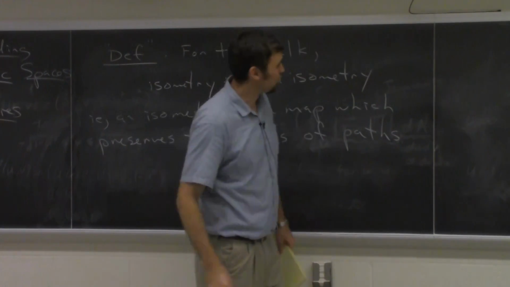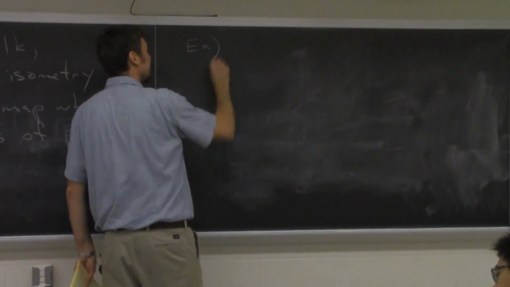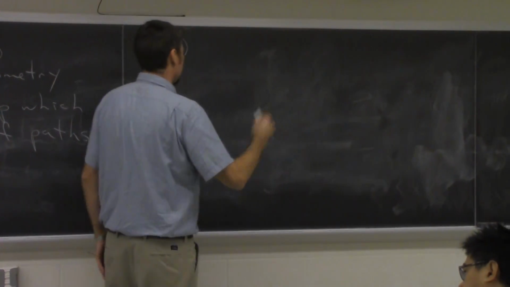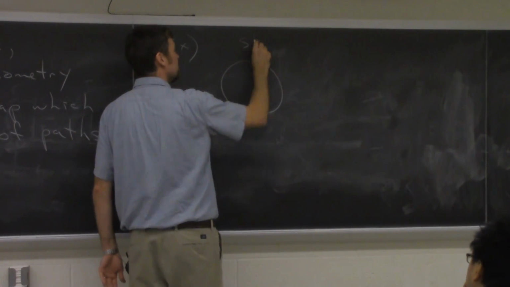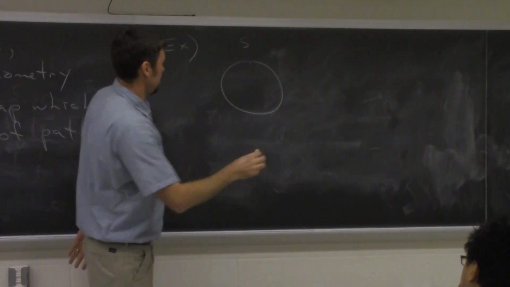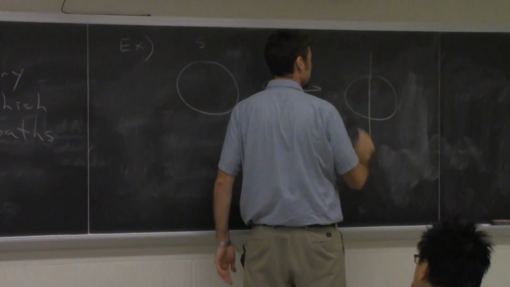All right, a real simple example to get the point across. Let's take S1, the unit circle, and let's embed that into R2.